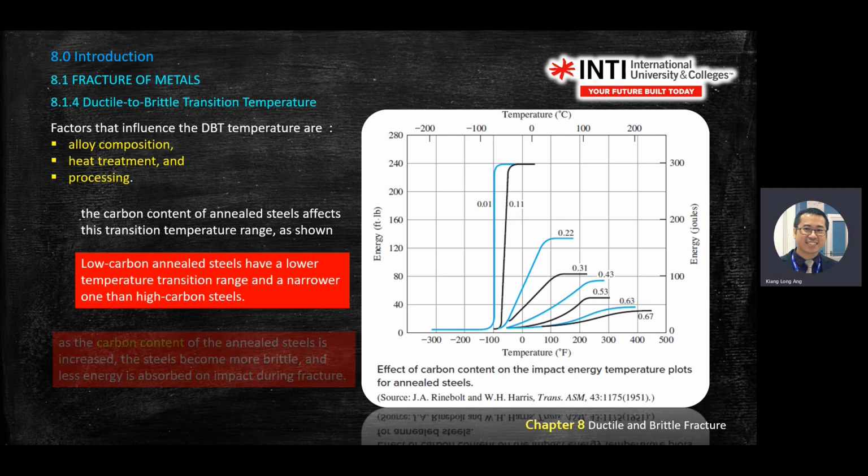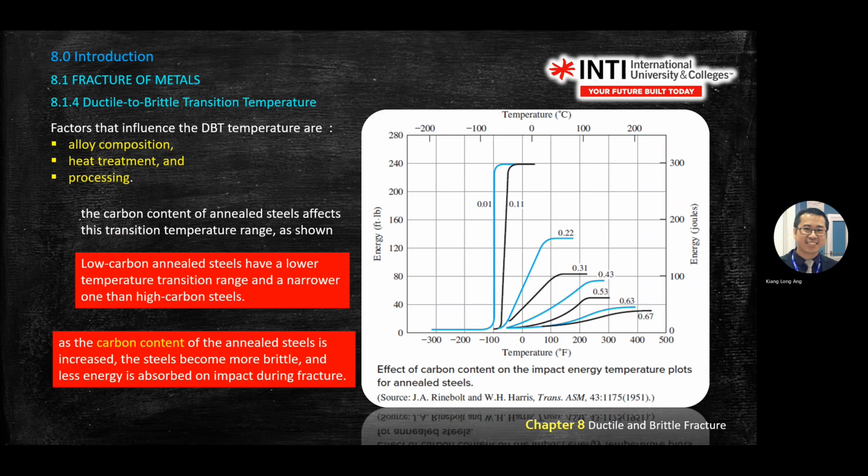Okay, the rest you read. This is the percentage of carbon. As you raise or reduce the carbon, the energy changes. Let's capture two lines, 50% carbon and maybe 22%. Let's check at freezing temperature, 0 degrees.